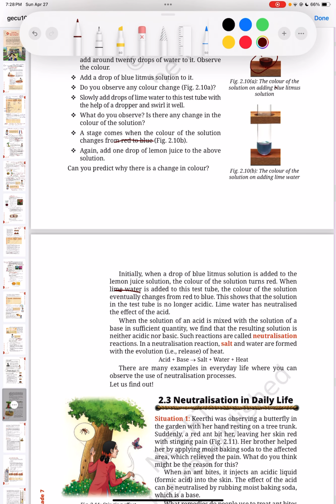Actually they did not mention lime water over here, but anyways, if you keep adding some drops of lime water, you will see that for a while the color of the solution still remains red, but after a certain point of time it suddenly turns blue.